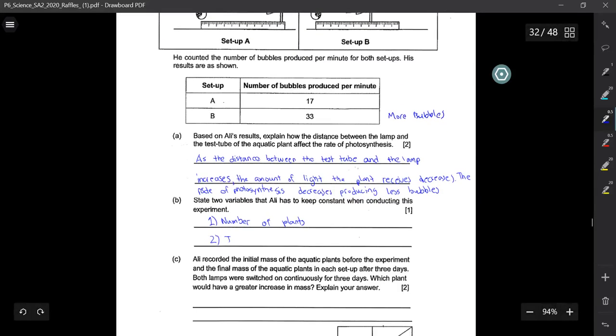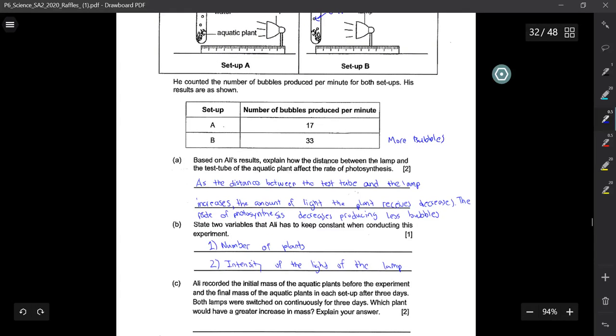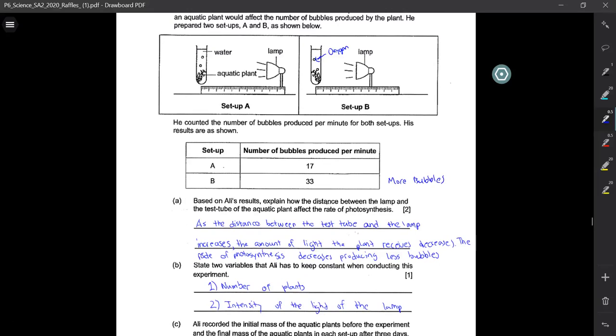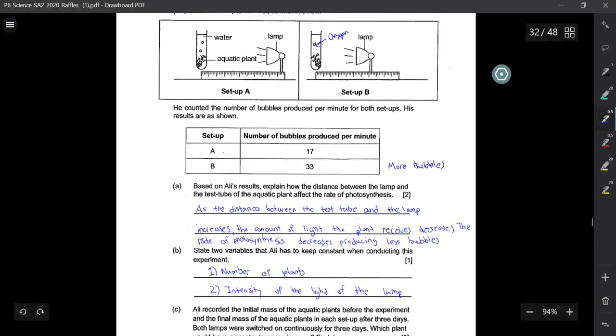That's the other variable. That's something very important because if the lamp is more intense, then more light is given to the plant. So if one setup has more light, it will produce more bubbles.